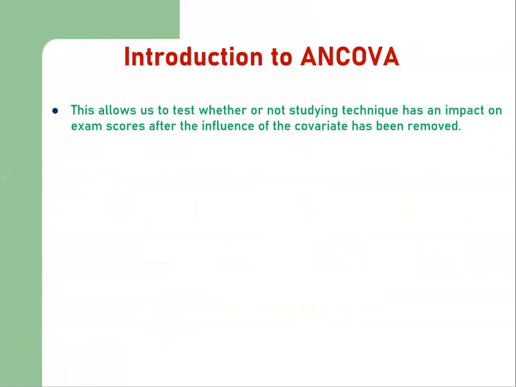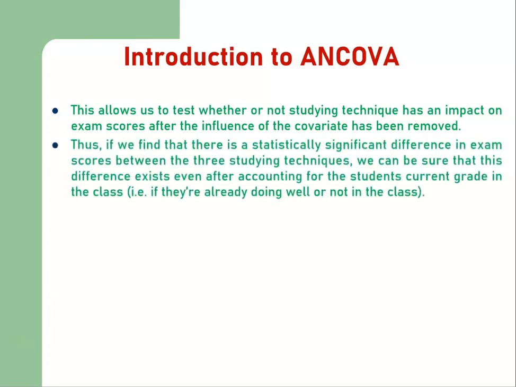This will allow us to test whether studying technique has an impact on exam scores after the influence of the covariate has been removed. Thus, if we find a statistically significant difference in exam scores between the three studying techniques, we can be sure that this difference exists even after controlling for the student's current grade in the class.